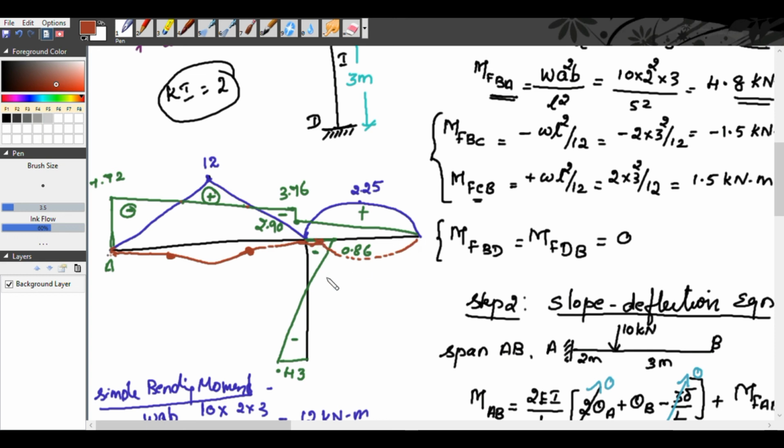And here in the column our deflection will be like this. This is the point of contraflexure.